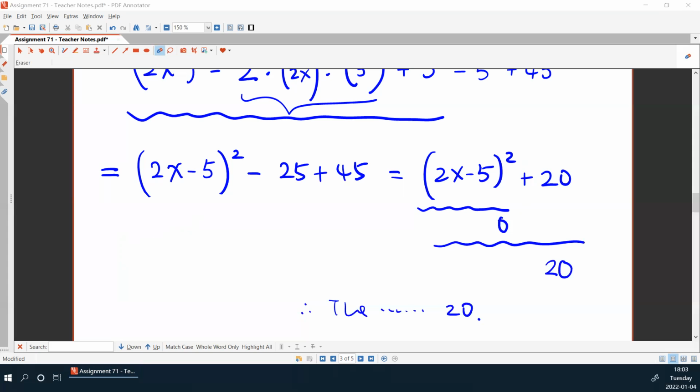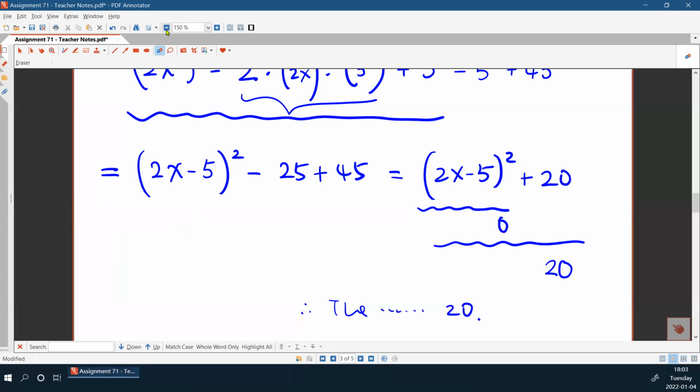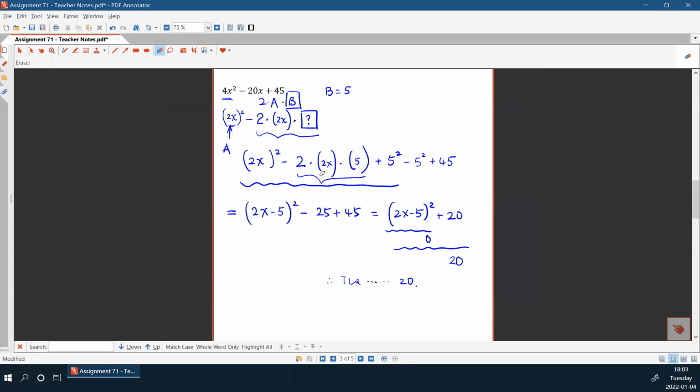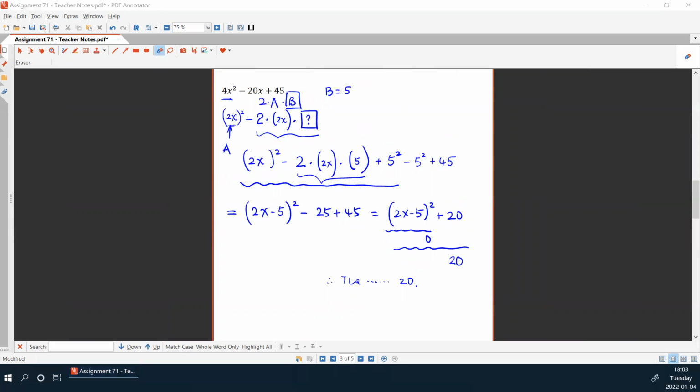All right, so please spend some time to have a look at the two methods. In the future, you can choose either method you like. I think the second method seems simpler and more straightforward.